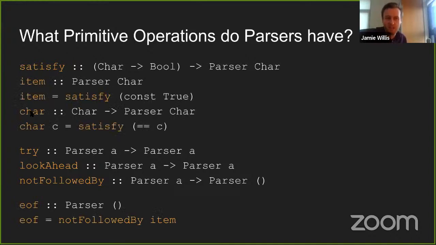We can build a couple of other handy combinators. item is the parser that reads anything at all; the predicate you give it just returns true for everything. We can read the specific character, which we saw previously, by saying satisfy equal to that character. And to show off some other stuff, EOF can be defined as not being able to see an item as the next one, so there are no more characters to read. It should be the case that we can't read a character.